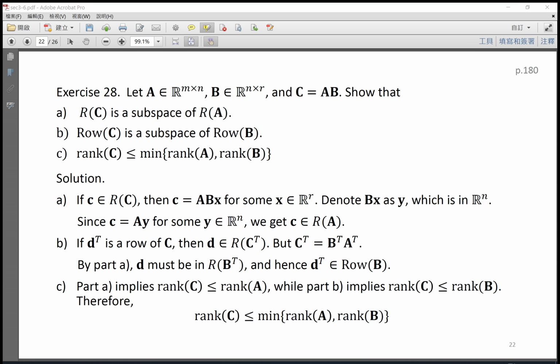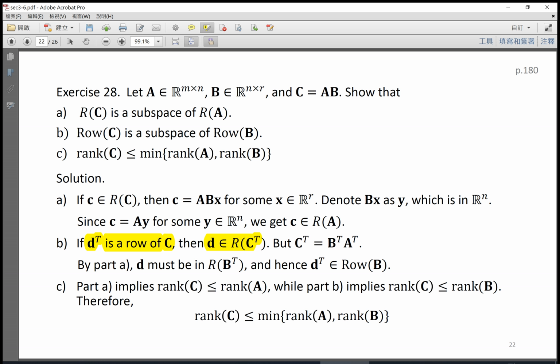Next, we prove statement B. If d transpose belongs to the row space of C, then d belongs to the column space of C transpose, since each row in C is the transpose of a column of C transpose.